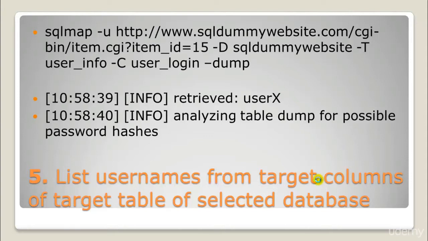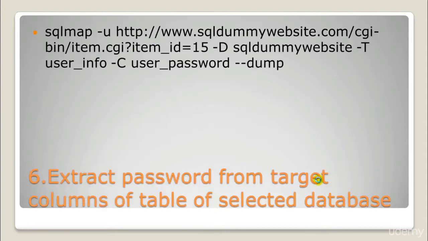When you run this, you will be amazed at what you get. We will get the usernames from the database. As you can see, we have retrieved the user, and it will go ahead and analyze the table dump for possible password hashes. After we do that, we need to extract the password from the target columns of the target table of the database using SQLmap injection.